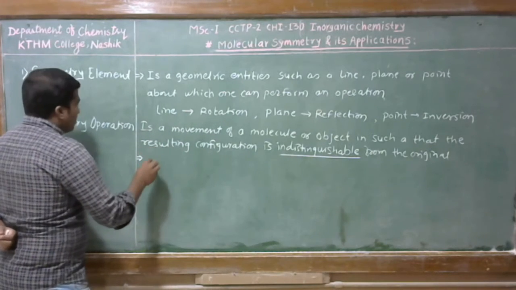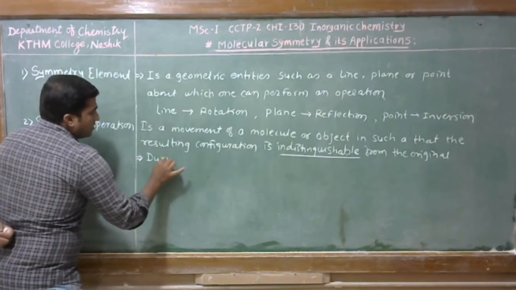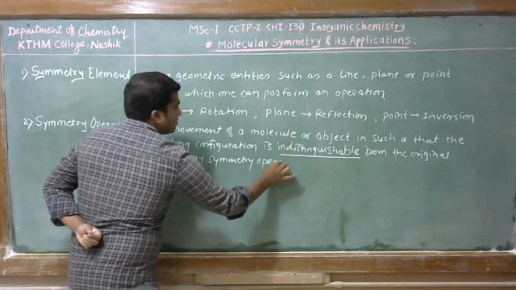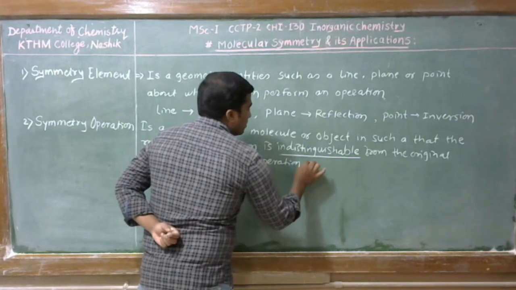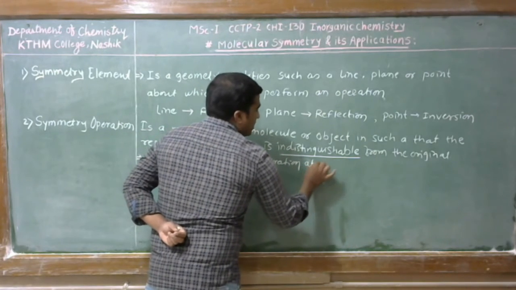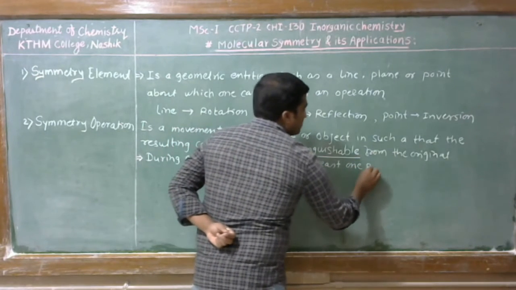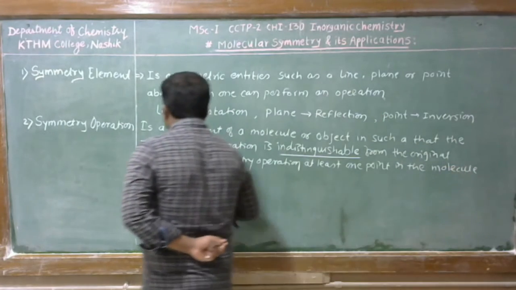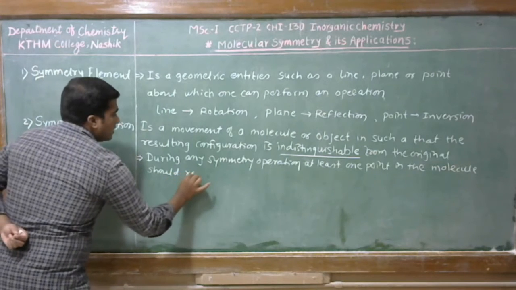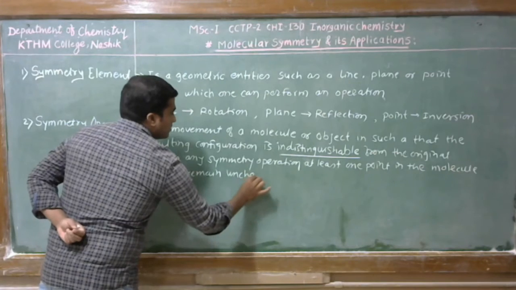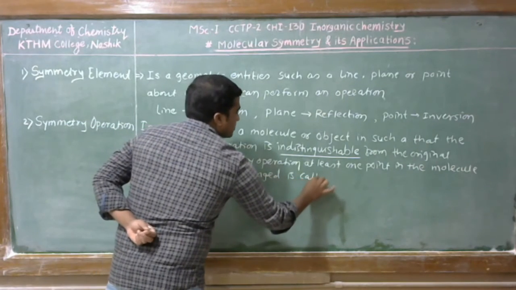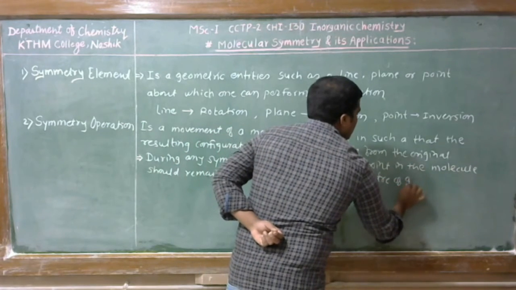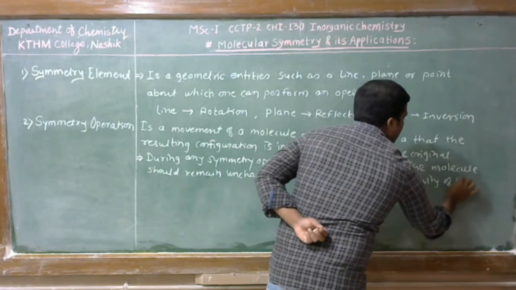Here are some important points related to symmetry operation. During any symmetry operation, at least one point in the molecule should remain unchanged, which is called the center of gravity of the molecule.